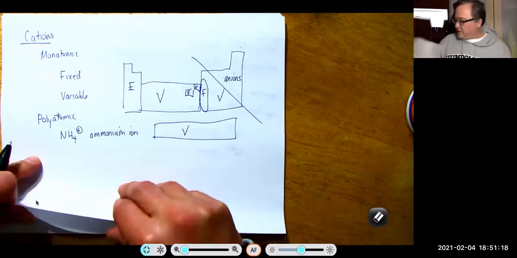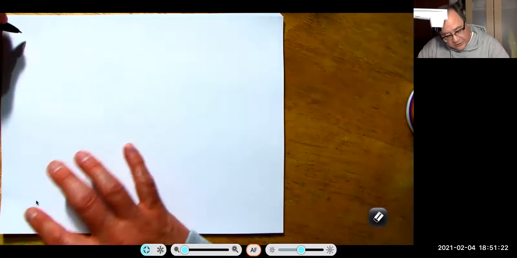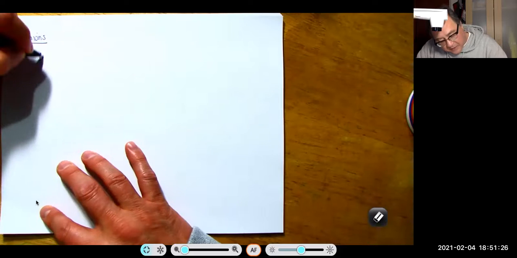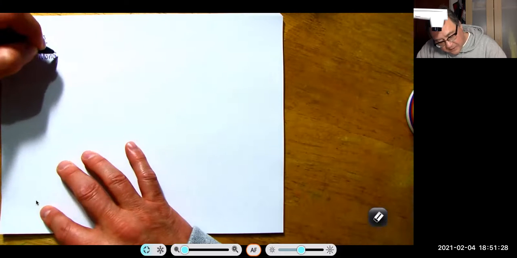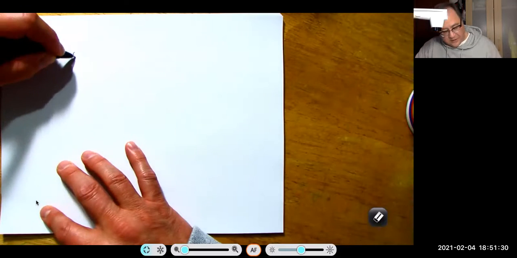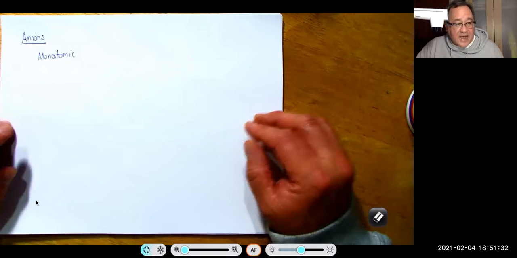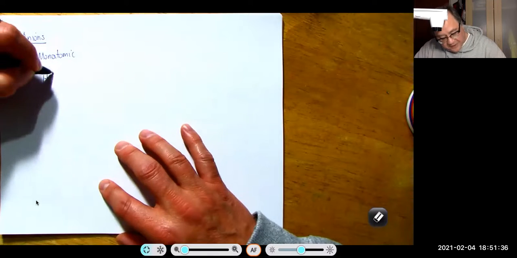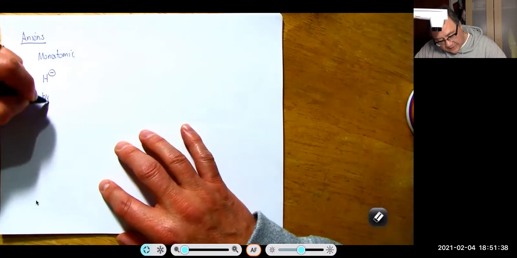Okay, now let's take a look at the anions. You need to memorize the following anions. We've got monatomic. So the monatomic anions that you need to memorize, I'm going to give you this first one. This is H-. This is hydride.